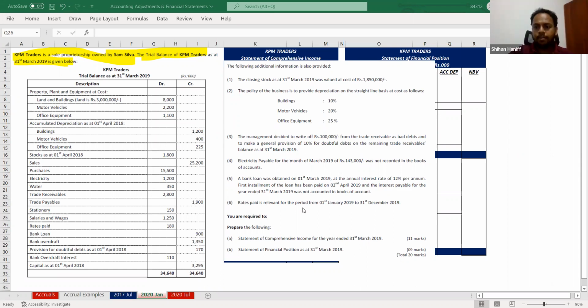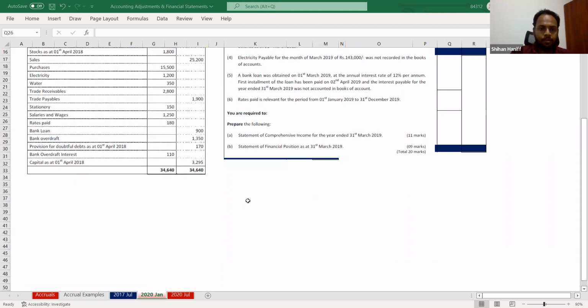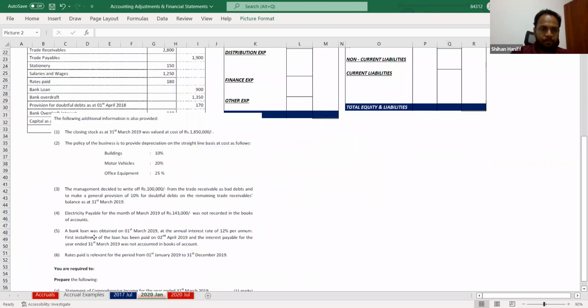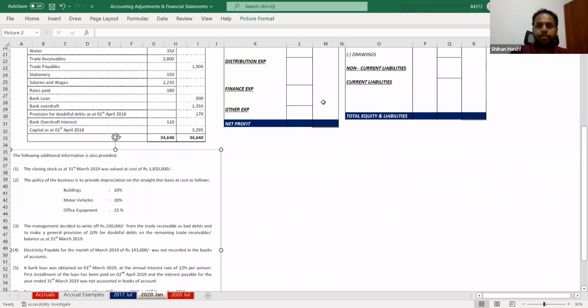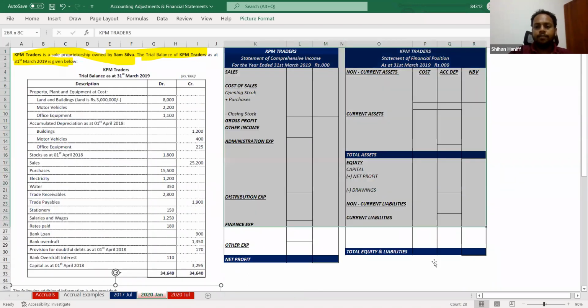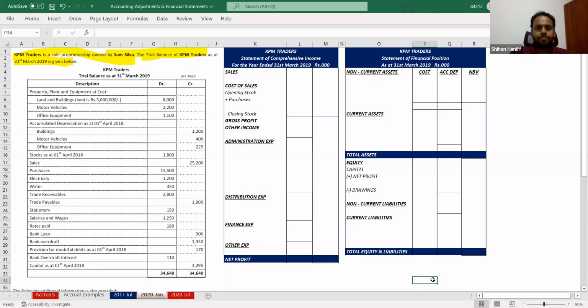So let's start. This is the format. We can start with adjustment number one.